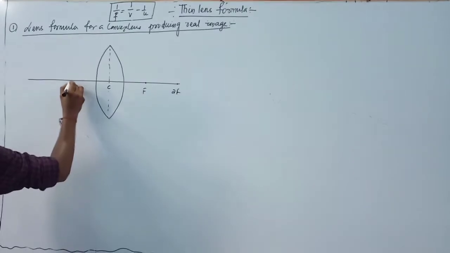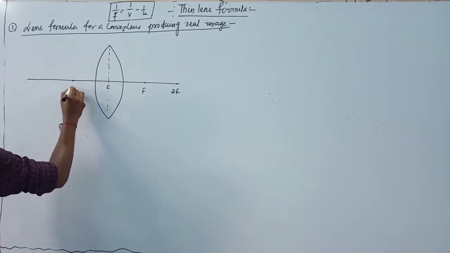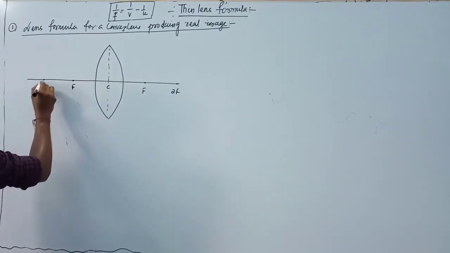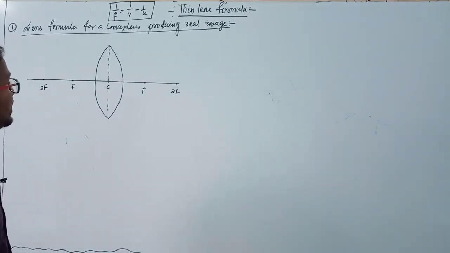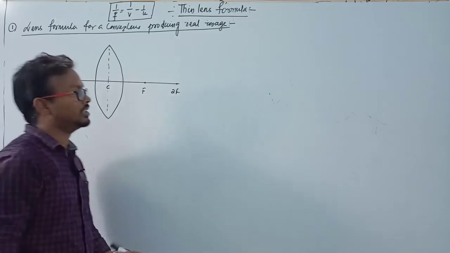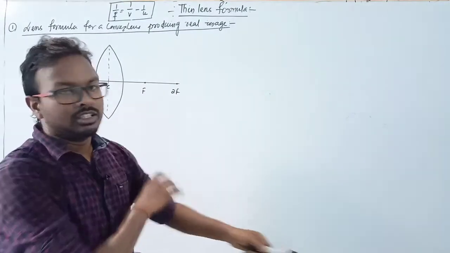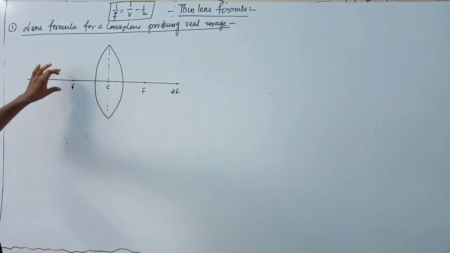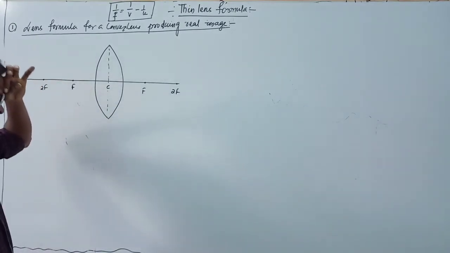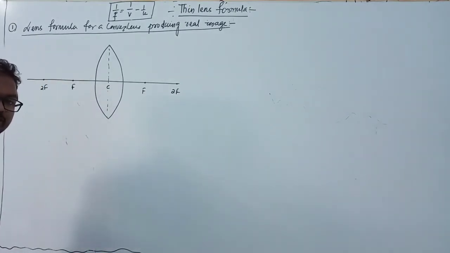Similarly, this point is also a focus, f, and this distance is 2f. Clear? Okay. But we have to assume some important things. The rays should be paraxial, that means the angle of incidence and angle of refraction are very small with the principal axis or normal.